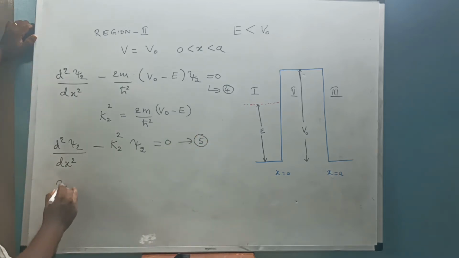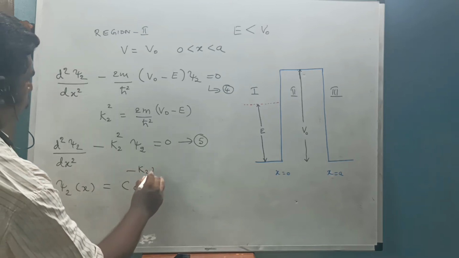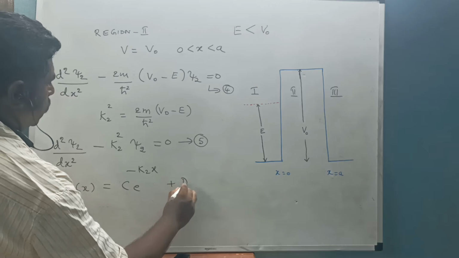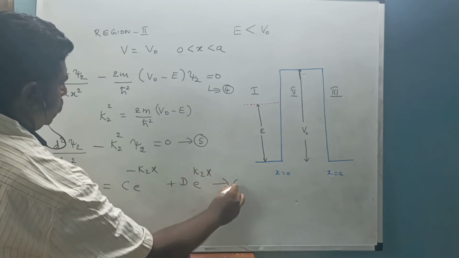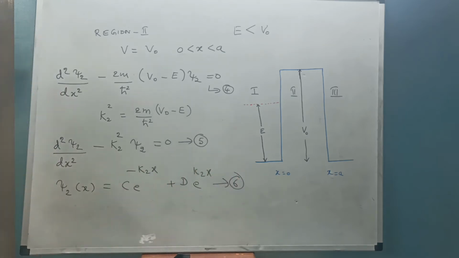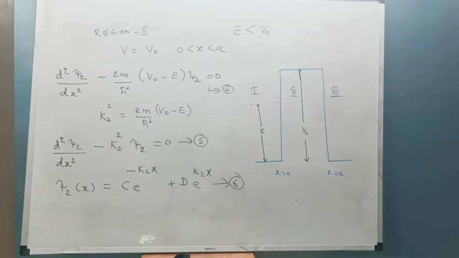Then the solution of equation 5 is psi 2 of x equal to c into e power minus k2x plus d into e power k2x. This is equation 6. Here c and d are the constants which have to be evaluated. In the first region also you have two constants a and b, and the values have to be evaluated. This is the detail about region 2.